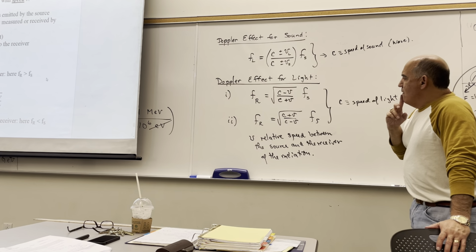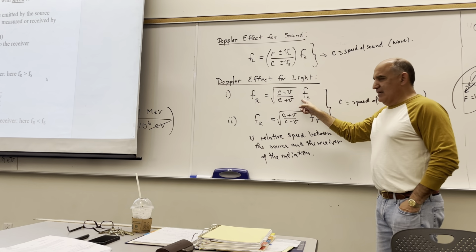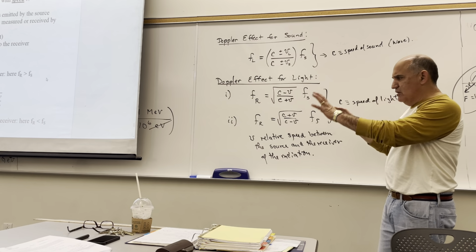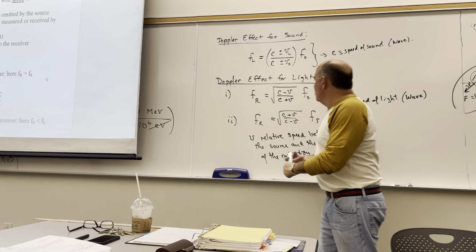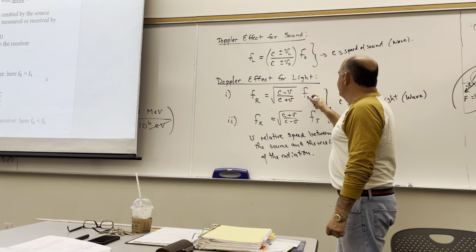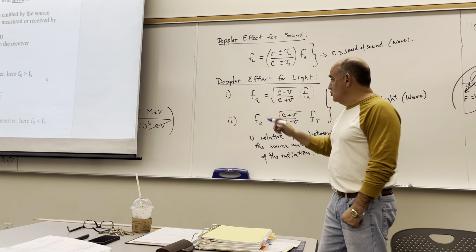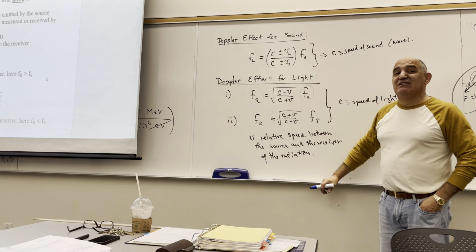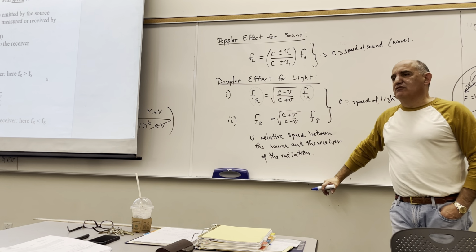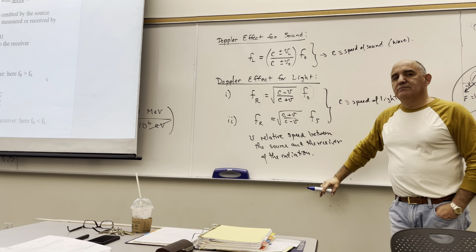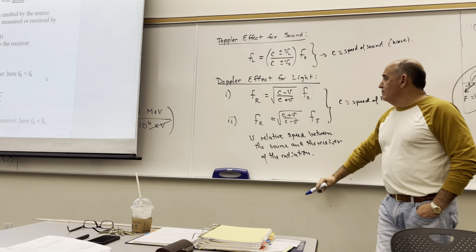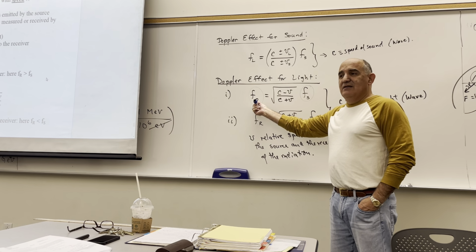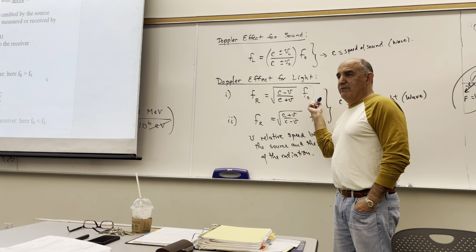Now, in this case number one, which of these two frequencies is higher? From just looking at the mathematics of this expression, which is higher: the frequency of the light emitted by the source, or the frequency of the light picked up by the receiver? The source. The frequency of the light emitted by the source. So therefore, the frequency received is less than the frequency emitted by the source.